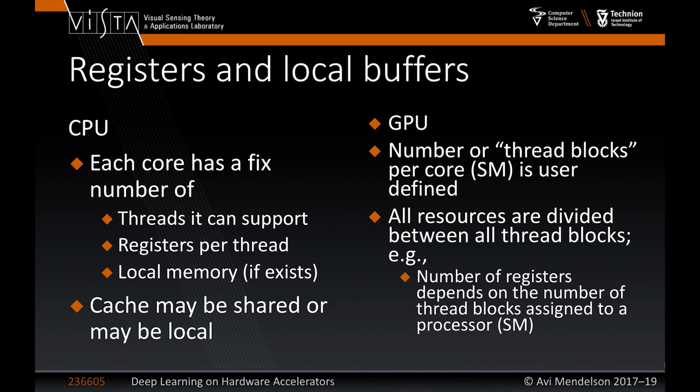It is always divided between the number of thread blocks that you define. Which means that if you decide to have fewer threads, you reduce your parallelism inside the SM, but you increase the amount of local memory that you have.